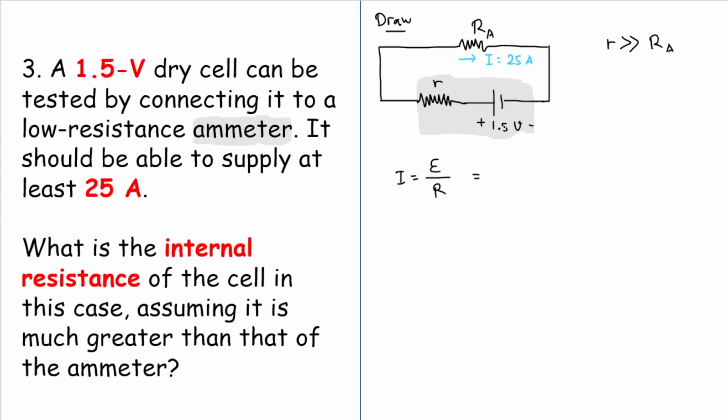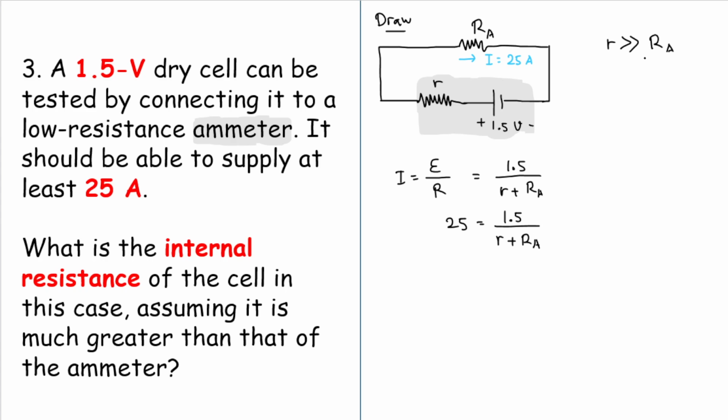But then this one will be our EMF 1.5, and then the resistance here is R plus R_A. On the left hand side we will have I, so I'll have 25, and that will equal 1.5 divided by R plus R_A.